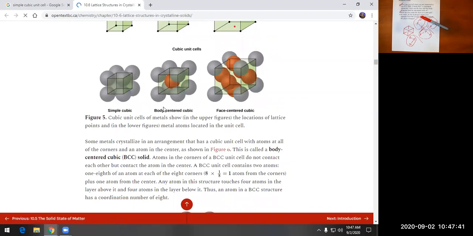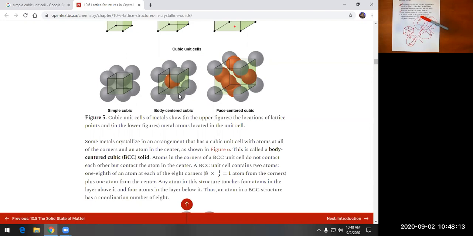All right. If we look at the body-centered cubic, where we have 4r going from opposite corners, then you can use the Pythagorean theorem to get from the body diagonal to a face diagonal, and then use the Pythagorean theorem again to get from the face diagonal to an edge.